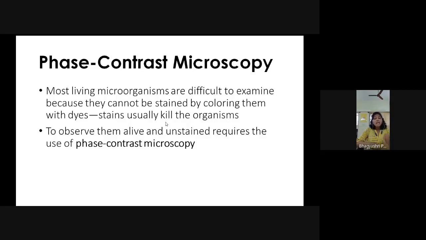And why you don't heat fix the organism in negative staining: because you want to observe the morphology. When you heat fix the organism, the cell undergoes shrinkage. Whenever you perform these experiments in the lab, you will observe the same organism, Bacillus subtilis, a rod-shaped organism.